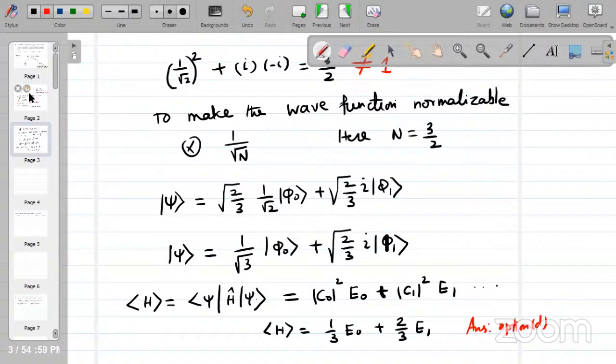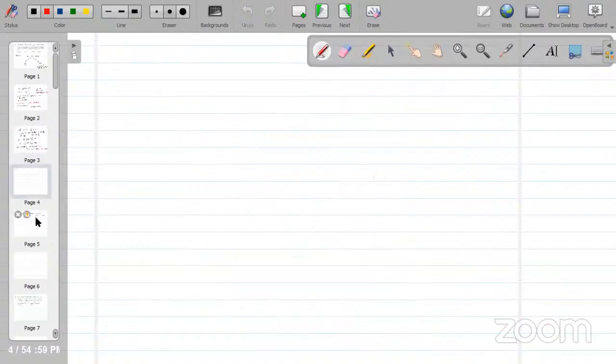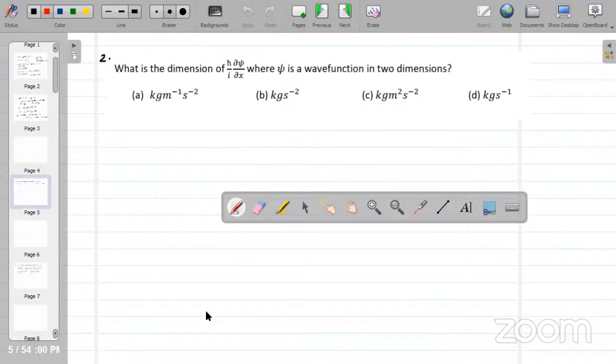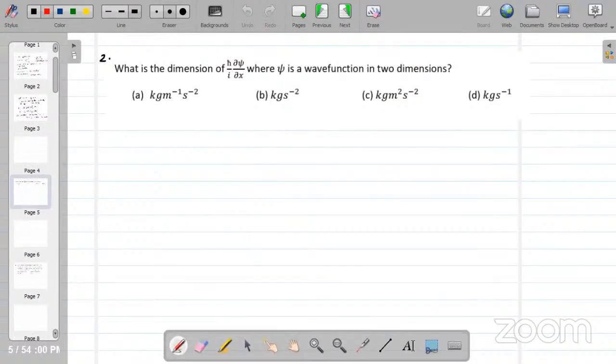Okay, so let us go to the next problem. Please read the question. What is the dimension of h cross by i, dou psi by dou x, where psi is the wave function in 2 dimensions?